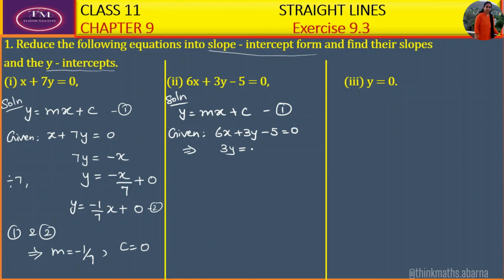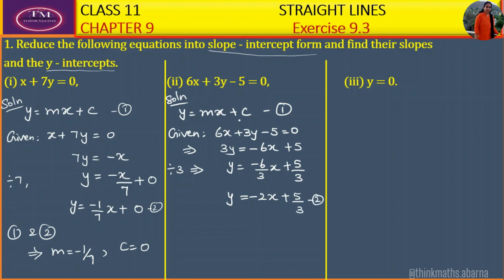So plus 6x will become minus 6x, minus 5 will become plus 5. Now we have to make the coefficient of y as 1, so we divide by 3 on both sides. This becomes 1, and here it is minus 6 by 3 x plus 5 by 3. What is 6 by 3? It is 2. So y is equal to minus 2x plus 5 by 3.